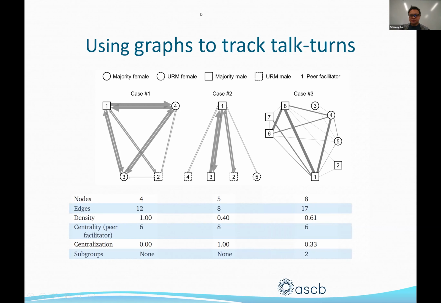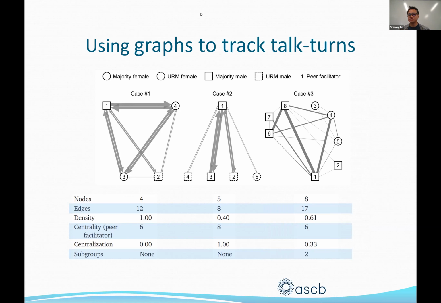And then the last one that I want to share with you is a bigger group. It had 8 people in it. What's interesting, and I think this was important for us in developing the methodology, is that we were able to identify subgroups in it that are not immediately obvious if you just look at it.